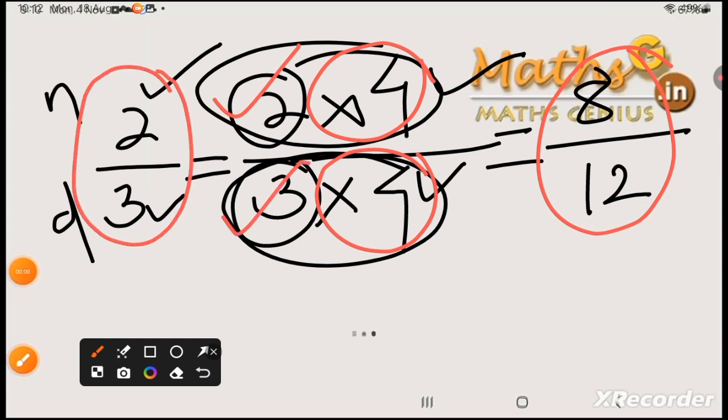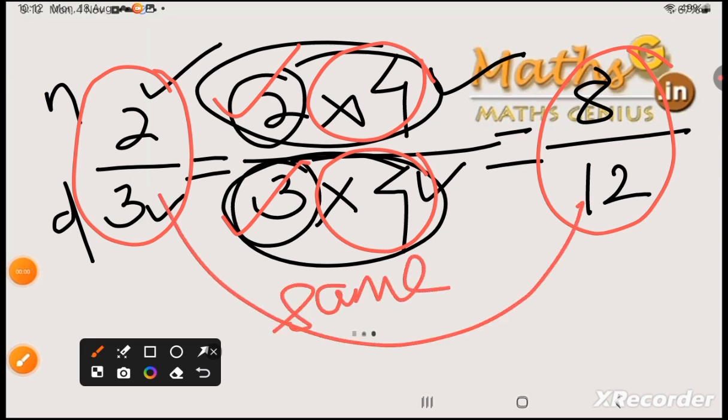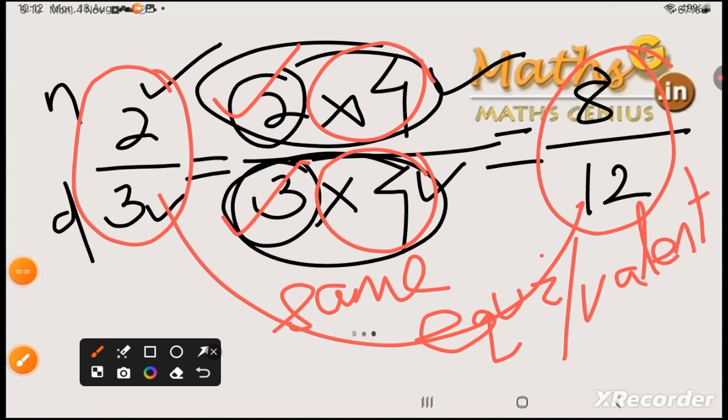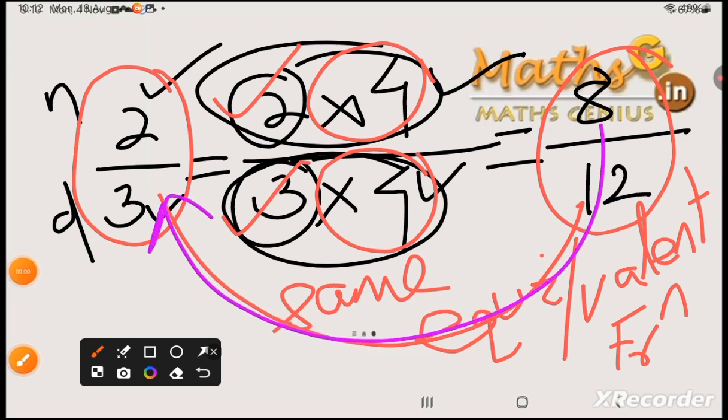So what was the original fraction? This one. Are they both the same? Yes. And what are they called? Equivalent fractions. In that case, can I get back the original fraction from the resultant fraction?